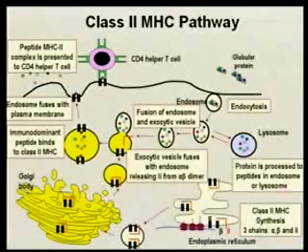Now, when we look at the MHC class 2 molecule, it is also synthesized in the endoplasmic reticulum. And it's basically synthesized at the same time or the same space that the MHC class 1 molecule is produced. And in this case, in a cell that has the MHC class 2 molecule being produced, you also have the MHC class 1 molecule being produced.